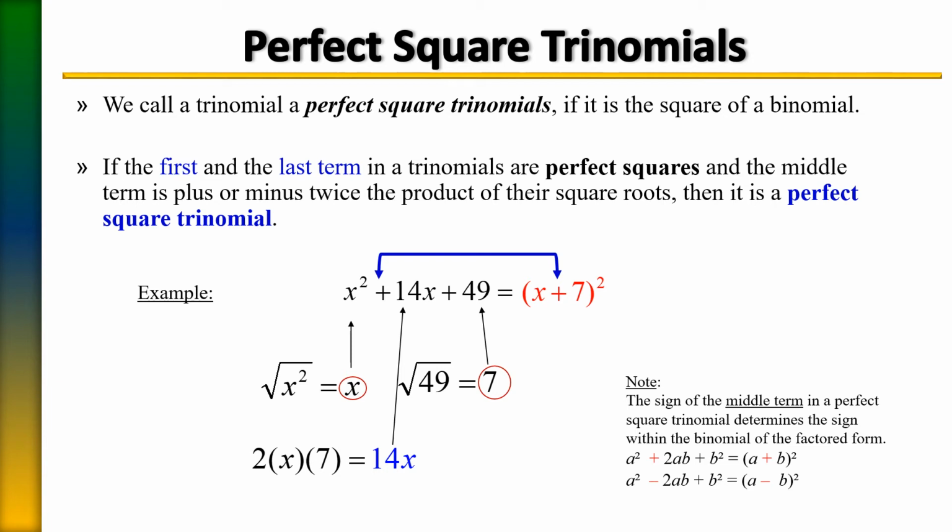Another way you can write your result, instead of the little 2 there, the exponent, and recall what exponents are, that means in this case that you have 2 of the very same thing. You can write it in quantity squared form, or you can simply put both side by side, and there you have it. This is a perfect square trinomial.